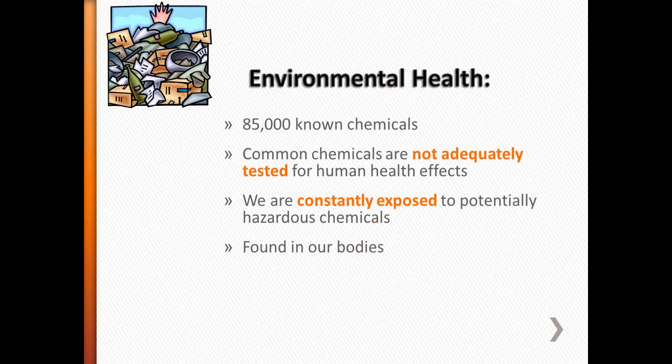Today's children, with all the vulnerabilities that they come in contact with, as I just summarized, are living in a world that is much different from previous generations. They are exposed to thousands of chemicals that did not exist 50 or 75 years ago. We find trace amounts of hundreds of chemicals in our bodies, yet we do not have adequate information to know what the impacts on our health actually are.